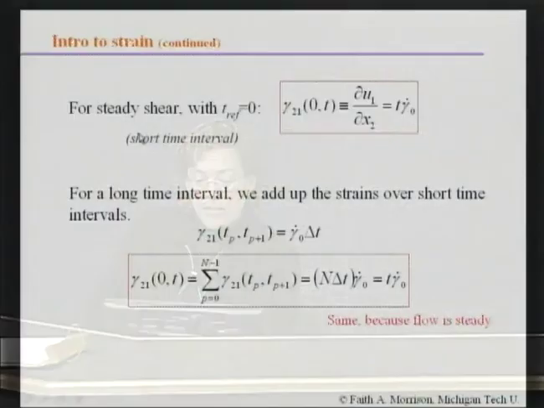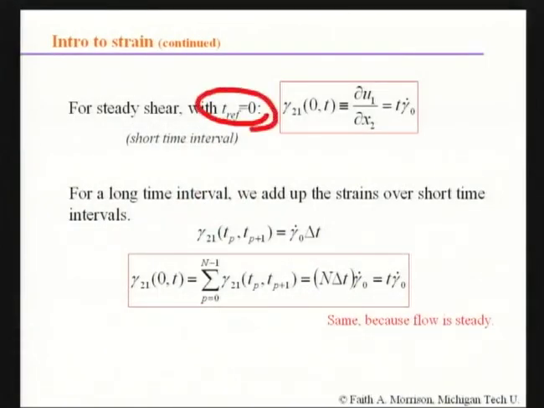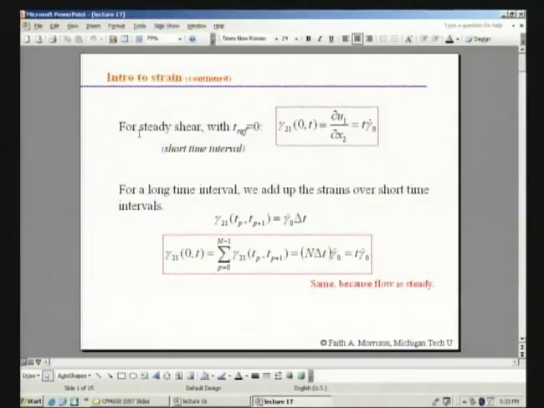So that is correct. If we talk about the strain between time t ref equals 0, then this result is that the strain between time 0 and t is just the time times gamma dot naught. So let me sneak back to the previous grouping of slides.